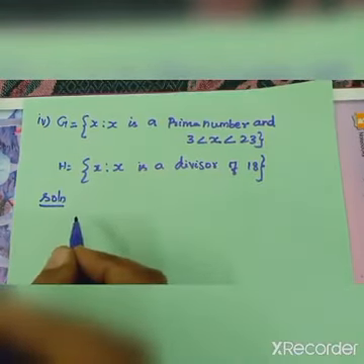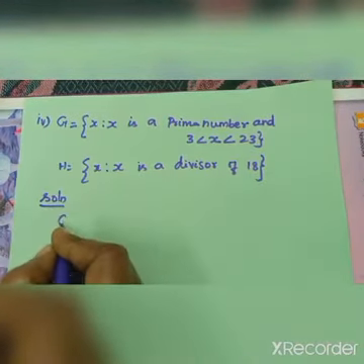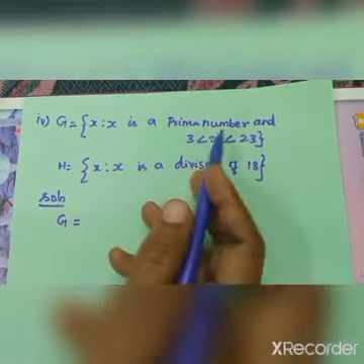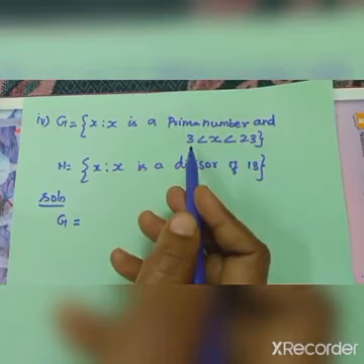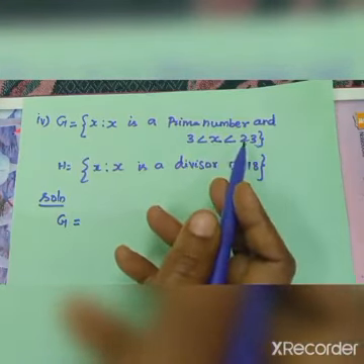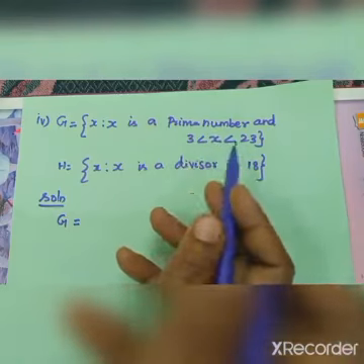Listen carefully. So G is equal to, what is G? x is a prime number and 3 less than x less than 23. So here what are the numbers we have to write?